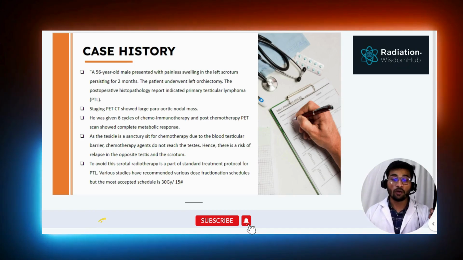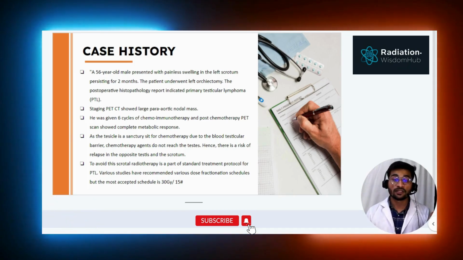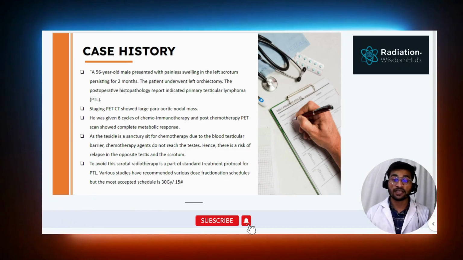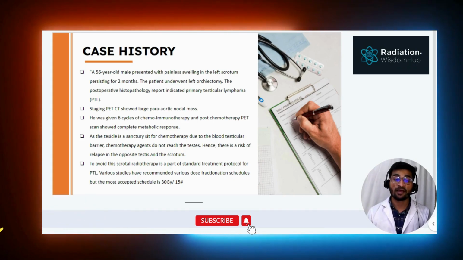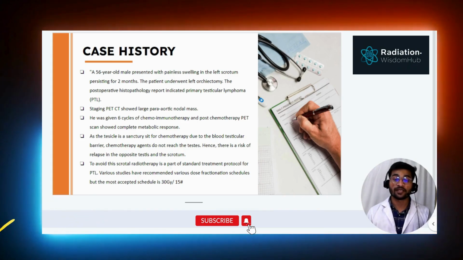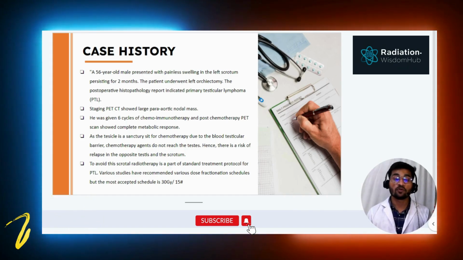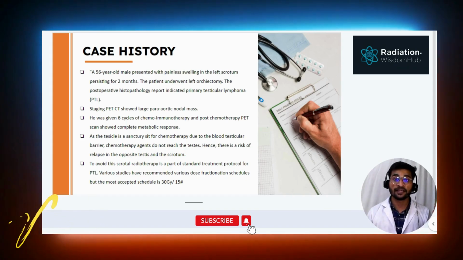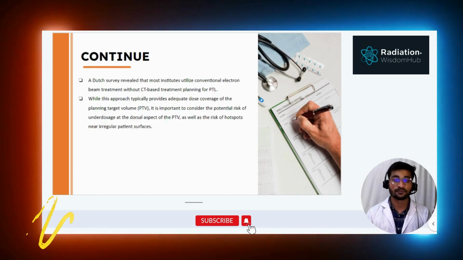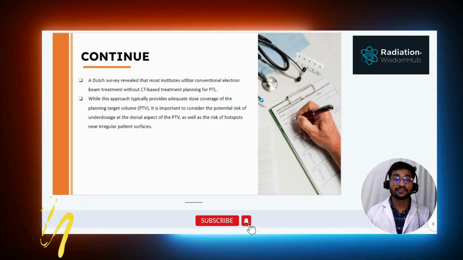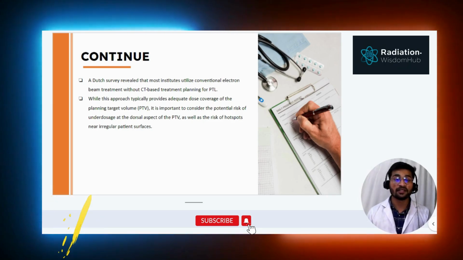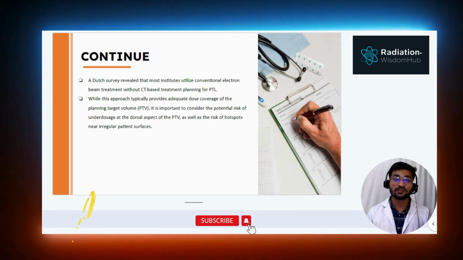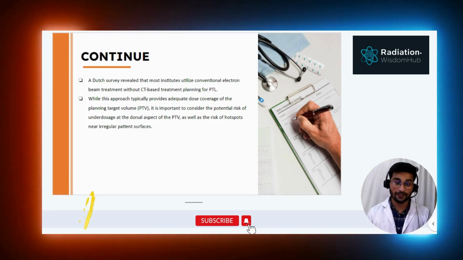So scrotal radiotherapy is part of the standard treatment protocol for PTL. Various studies have recommended various dose fractionation schedules, but the most accepted schedule is 30 Gray in 15 fractions. A survey revealed that most institutes utilize conventional electron beam therapy without CT-based treatment planning for PTL.